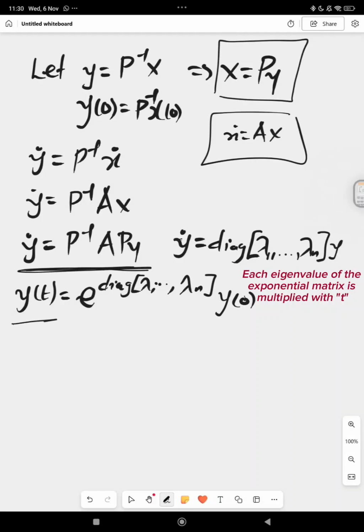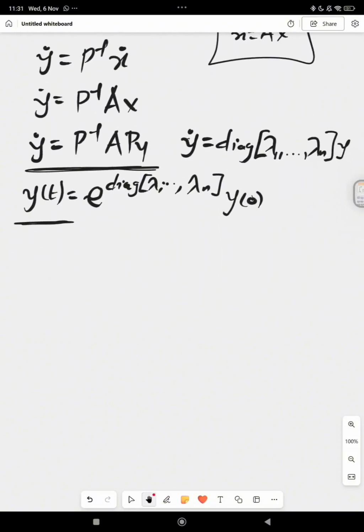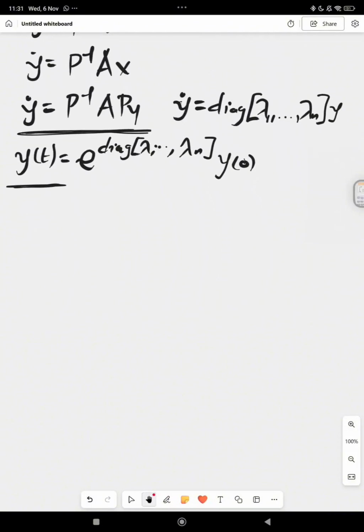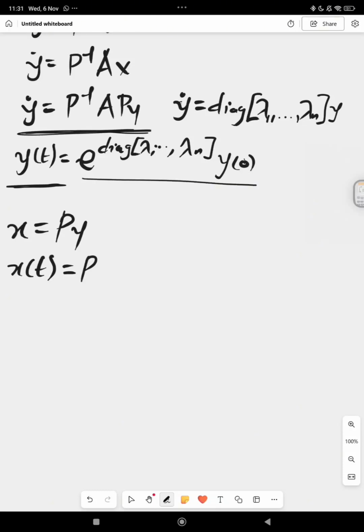So we have y of t, we have y naught. We substitute this value into the expression x is equal to Py. Now remember, this x is the same as x of t, and y is the same as y of t.